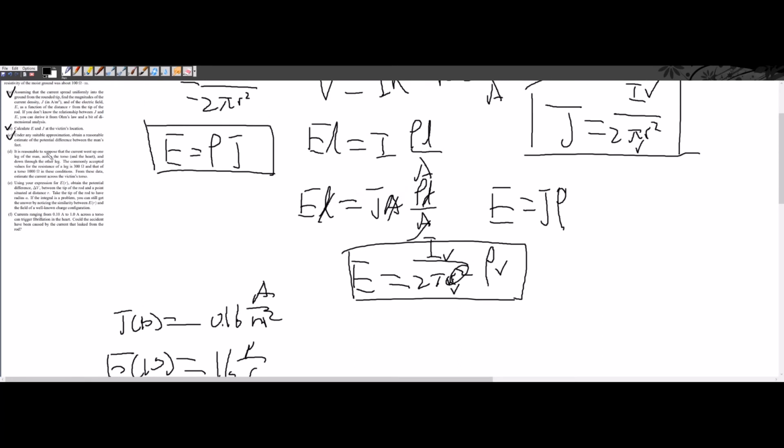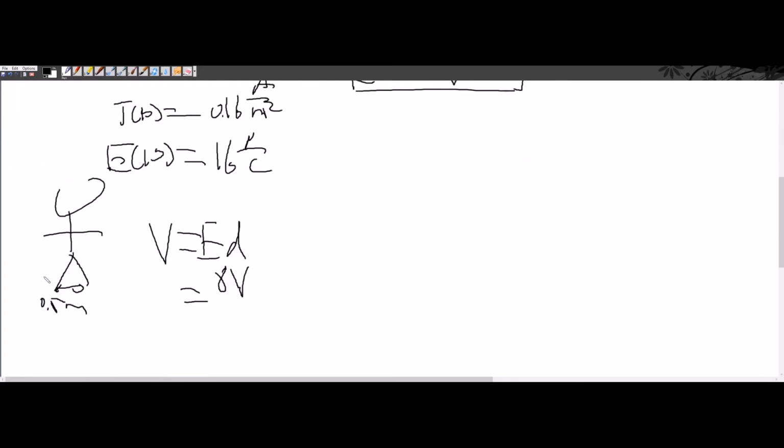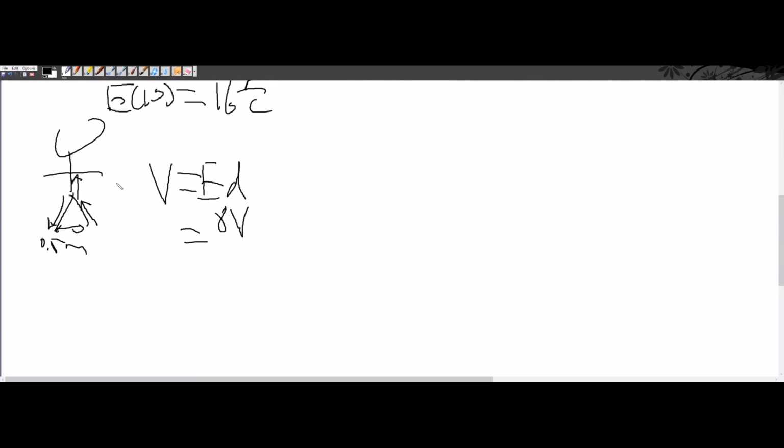Is it reasonable to assume that the current went up one leg of the man, across the torso and the heart, and down the other leg? We know the resistance of each leg is 300 ohms and the torso is 1000 ohms. So let's say the current goes up here and down here. We can draw the man's body in the form of a circuit. You see one resistor here, one resistor here, and they're connected by another resistor, and you have a battery here.